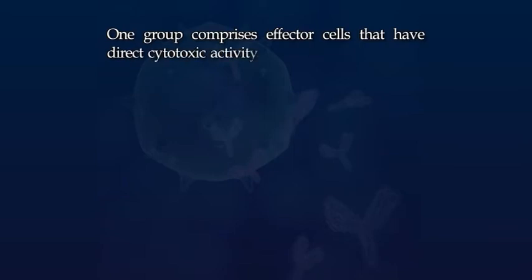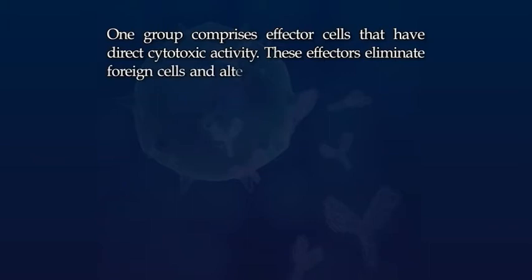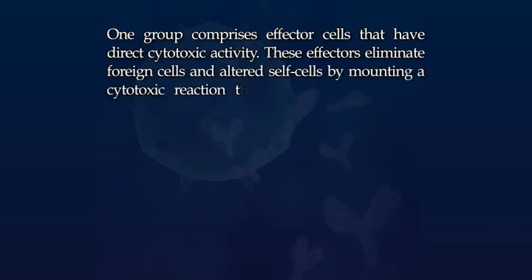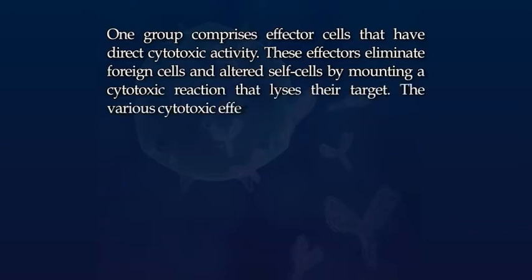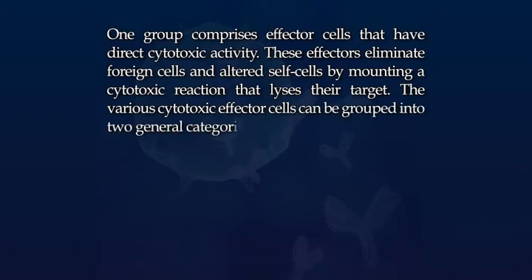One group comprises effector cells that have direct cytotoxic activity. These effectors eliminate foreign cells and altered cells by mounting a cytotoxic reaction that lyses their targets. The various cytotoxic effector cells can be grouped into two general categories.